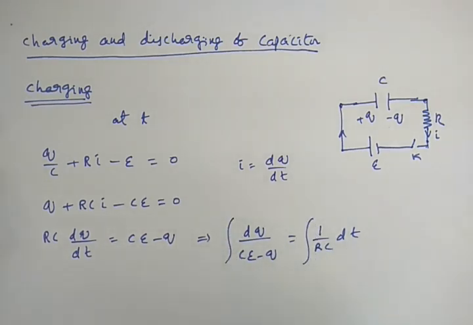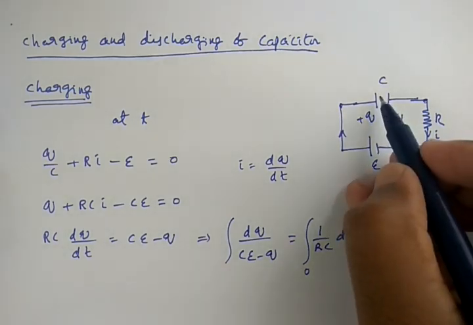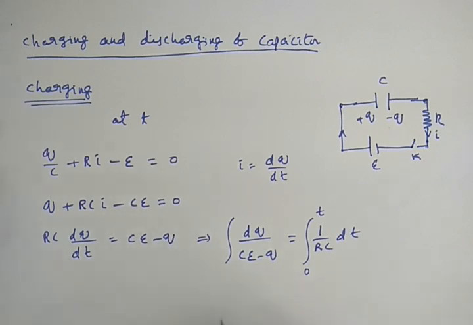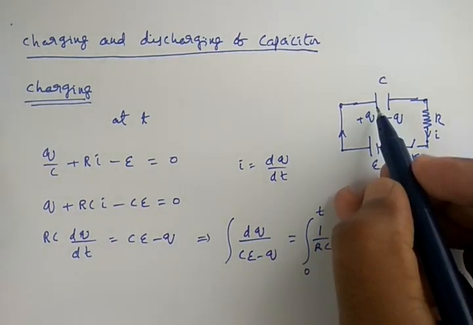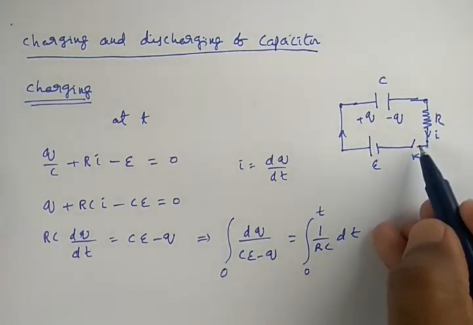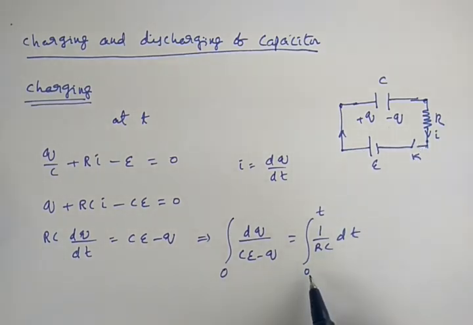When I integrate this function, you are closing the switch at time t is 0, then you are looking at the charge over the plates of the capacitor at time t. The initial charge on these plates is 0 when time t is 0, because the circuit is closed at time t is 0.